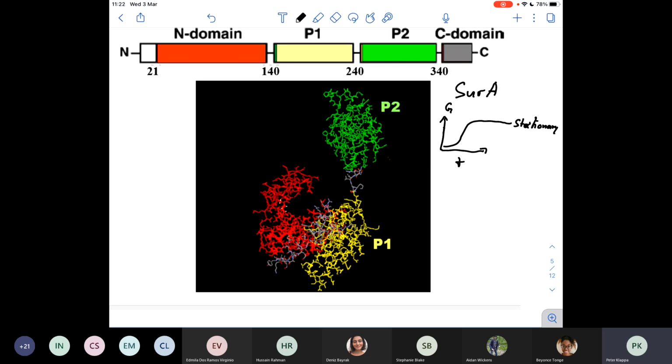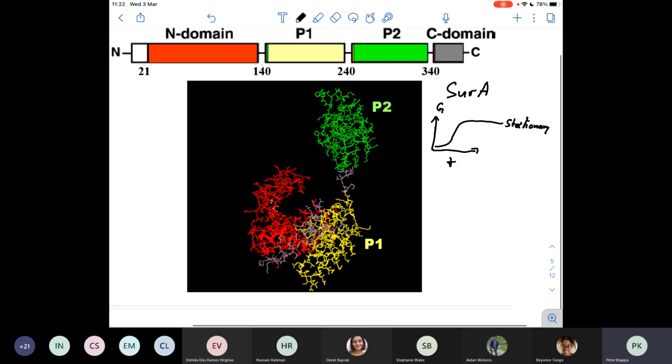Now, luckily, we already had a three-dimensional structure of all the amino acids, or most amino acids. People created this structure, so we knew where the different amino acids are located. We also saw that our protein is basically made up of 3.5 domains.